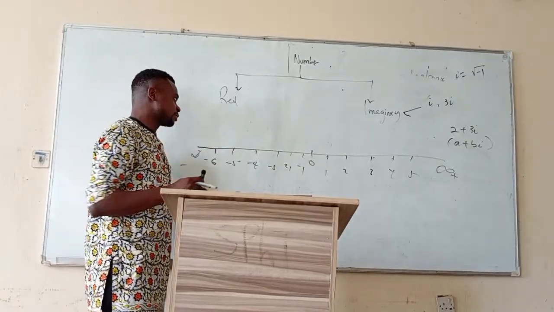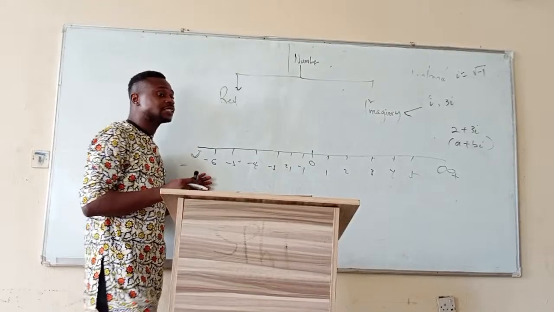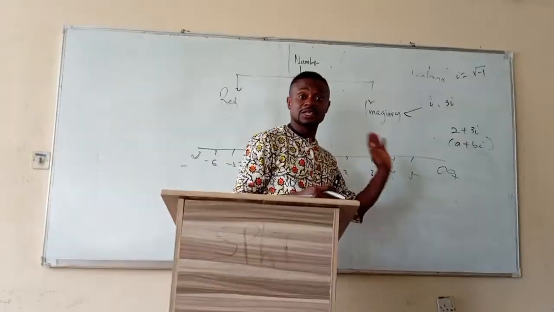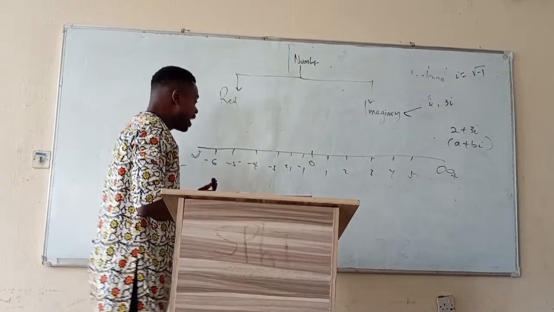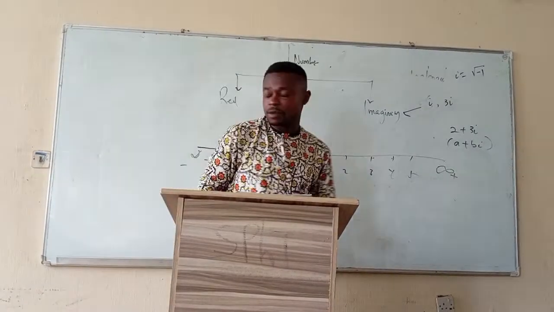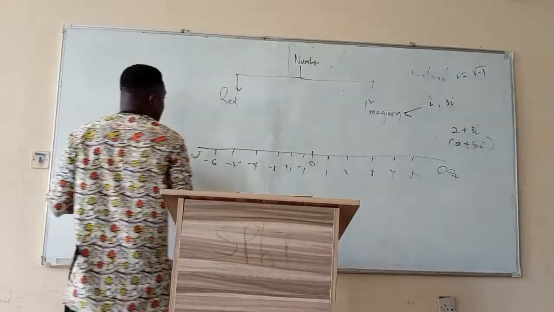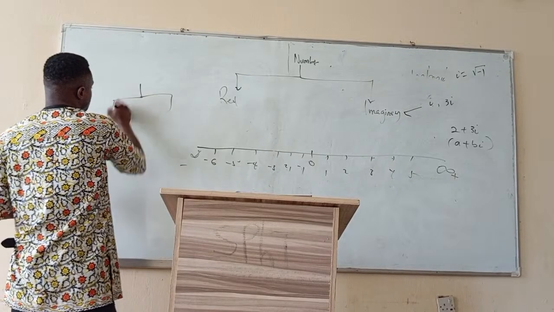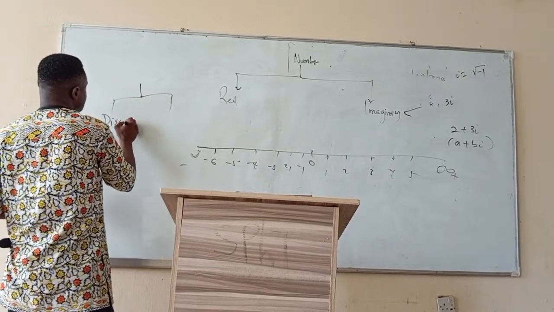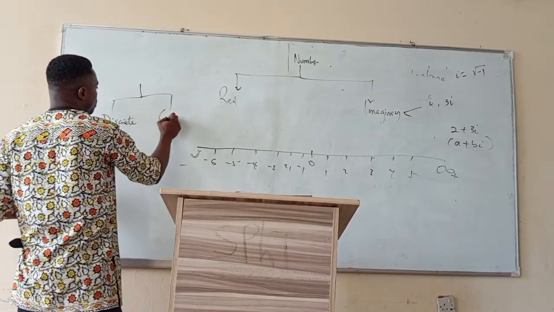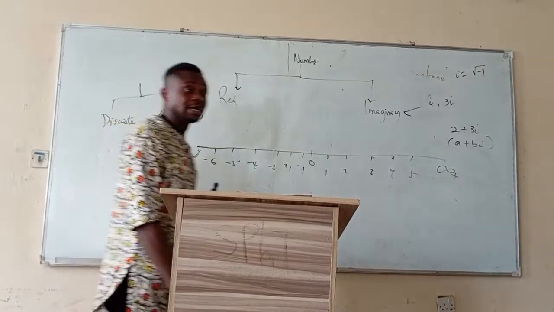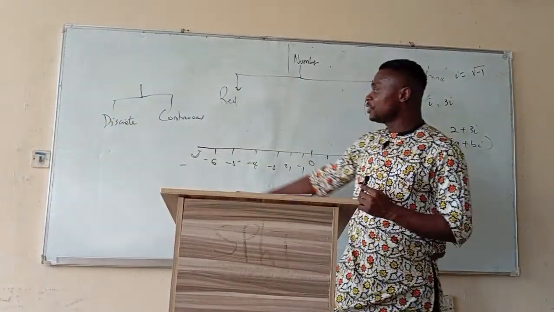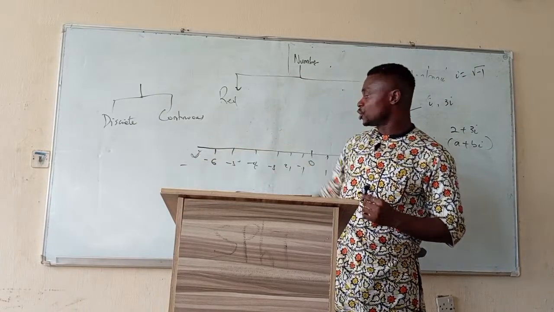So under real numbers, I will now use this number line to explain. Under real numbers, we have the ones that are discrete and the ones that are continuous. So under real numbers, we have discrete numbers and continuous numbers.